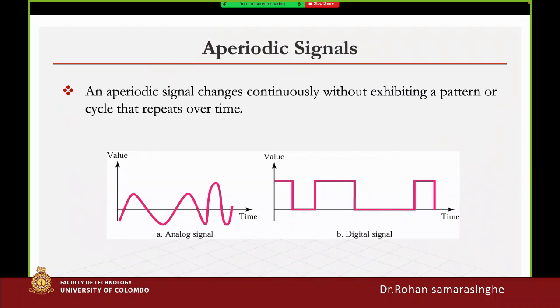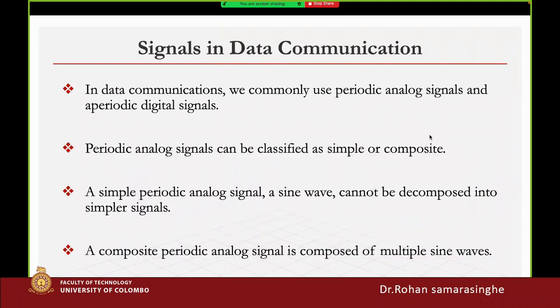You can see that in analog signals too, you can't find similar patterns like this one. Digital signals are the same. In data communication, we commonly use periodic analog signals and periodic digital signals.